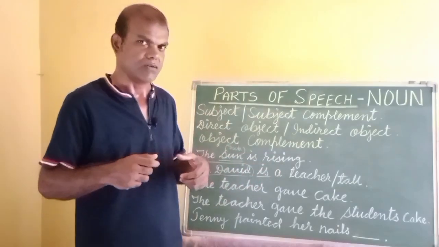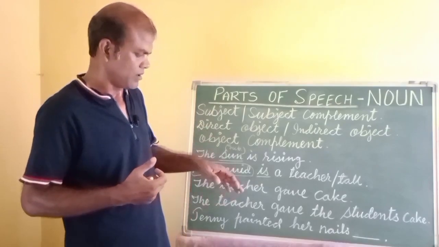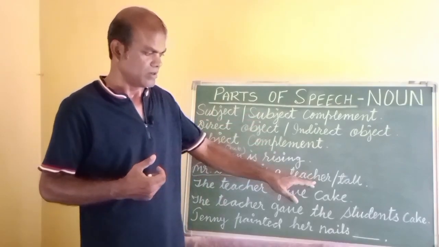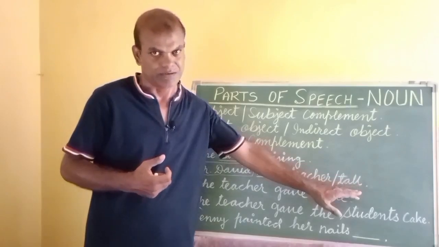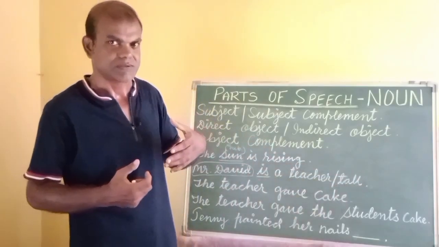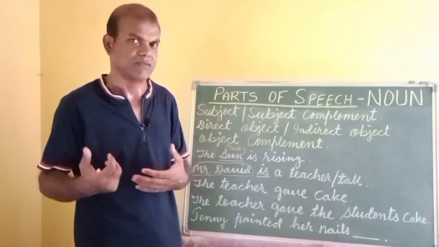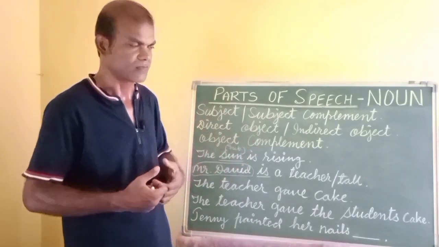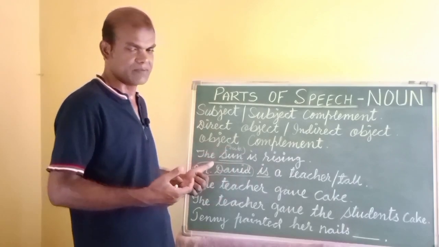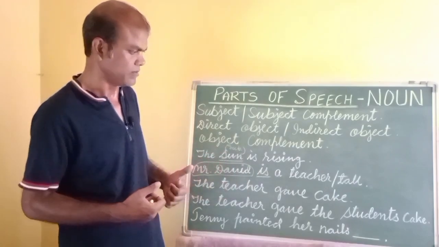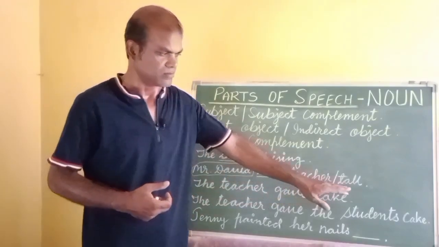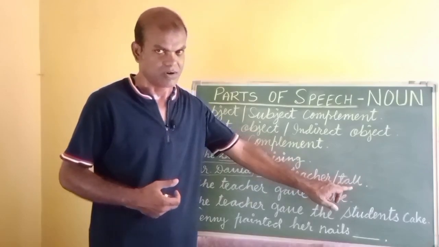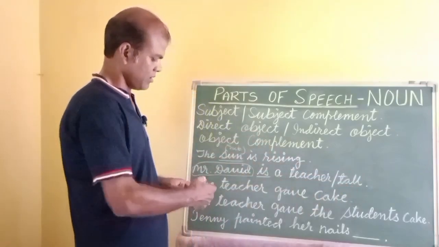Okay. Now you must remember one thing. Complements can be a noun or an adjective. The adverbs, they don't follow the linking verbs. So you are not going to see the complement adverb in any sentence describing the subject. Keep that in mind. Now as an adjective, this is tall, an adjective.